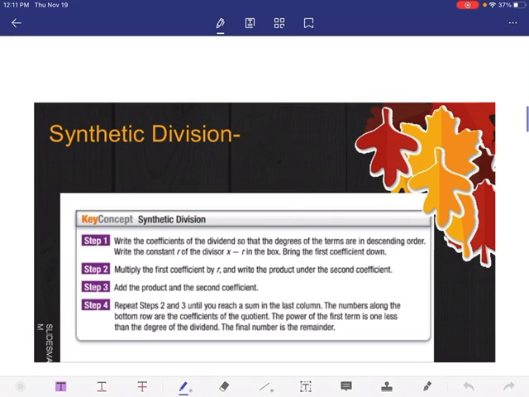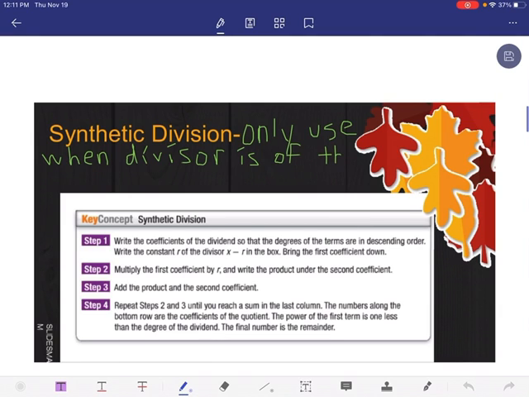So in order to be able to use synthetic division, your divisor must be of the form x plus or minus some number or constant r.